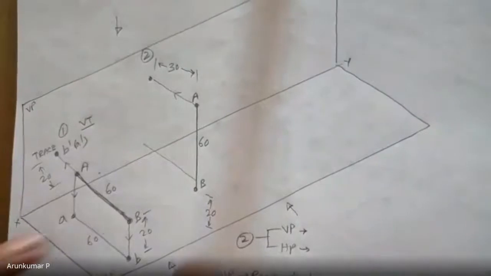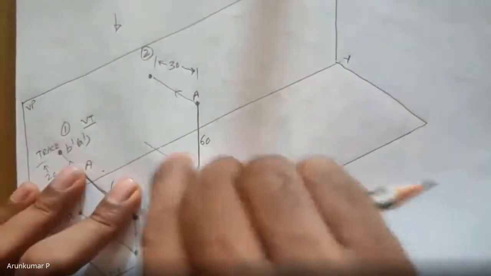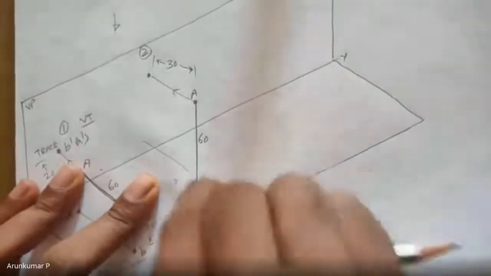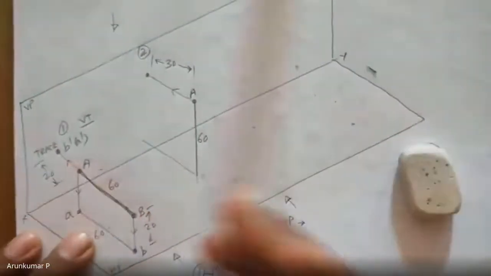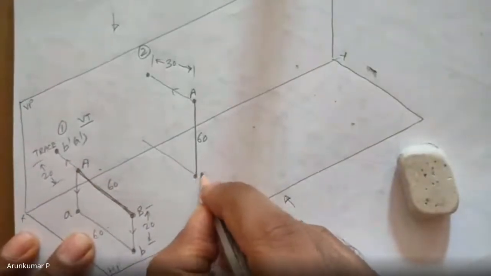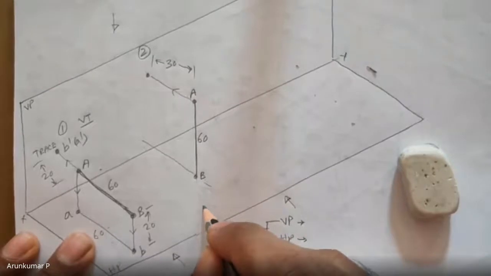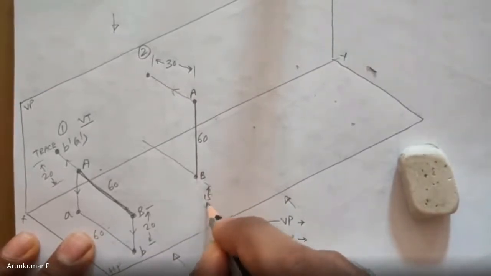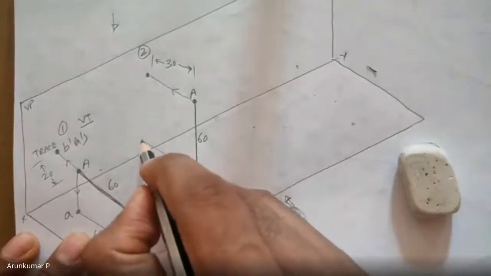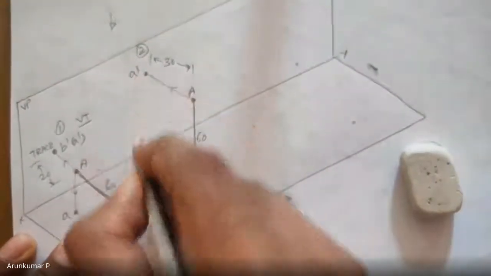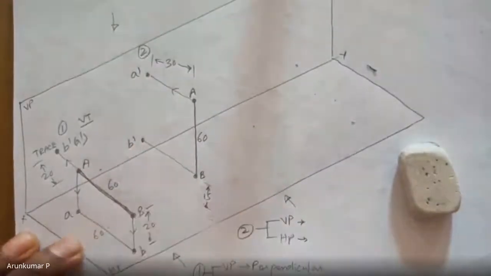It is slightly on the higher side. Can say 15 mm, and yes, this is A dash and this is B dash.